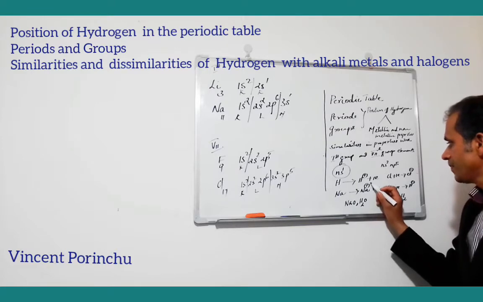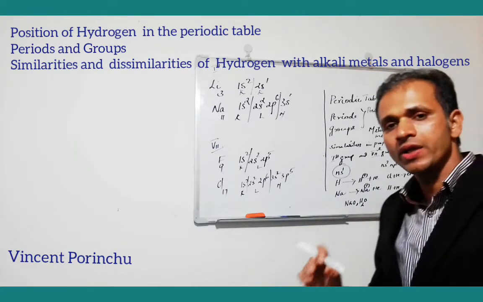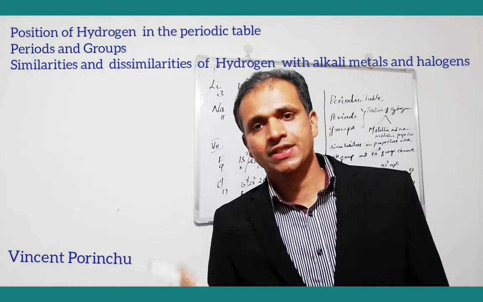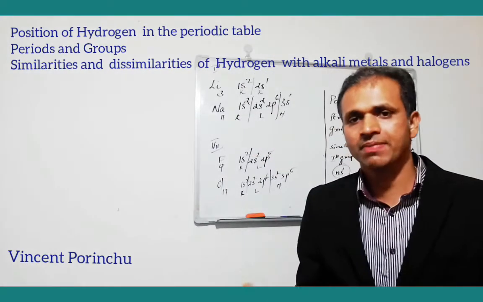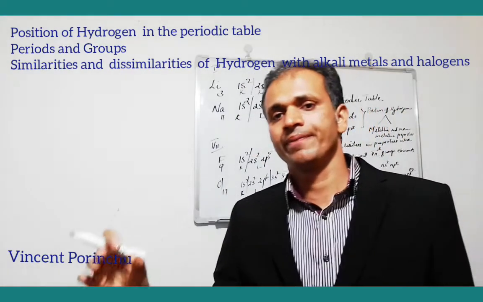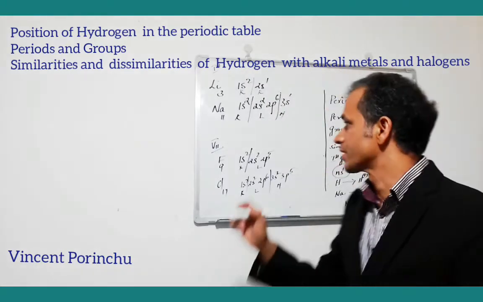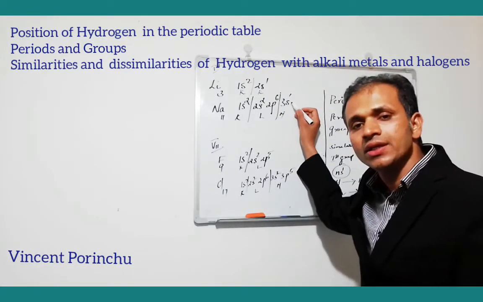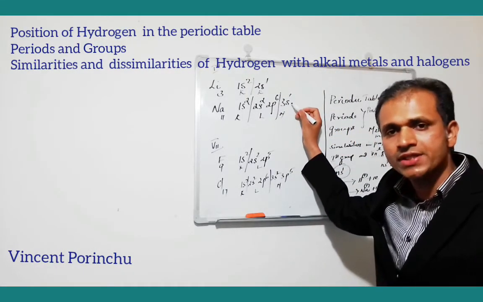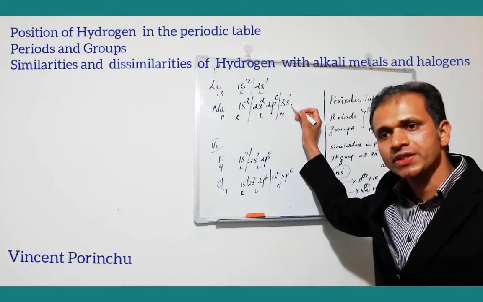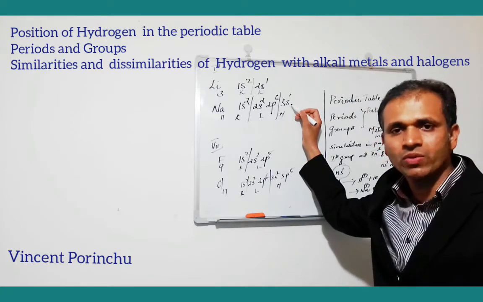That means the sodium ion gets extra noble gas stability when it loses its outermost electron and becomes a positive ion. Similarly, hydrogen also has a tendency to form a positive ion.